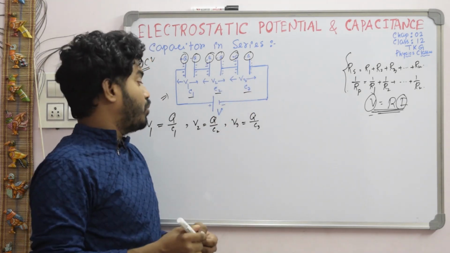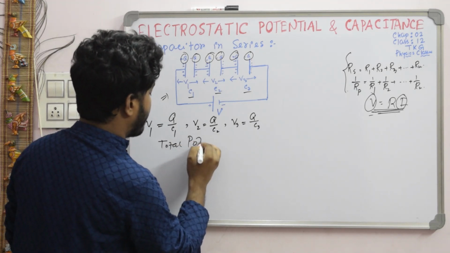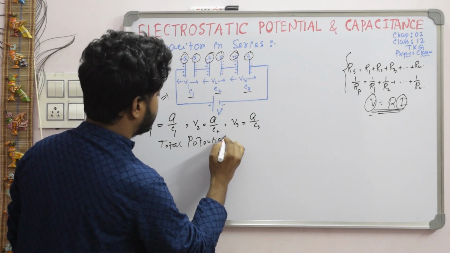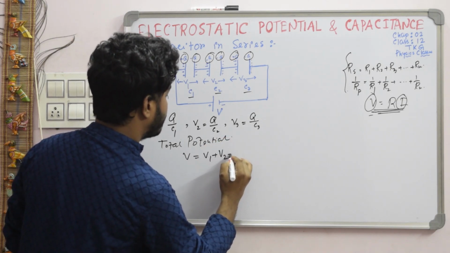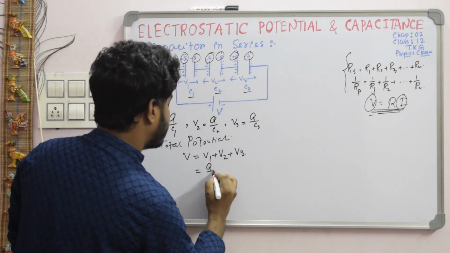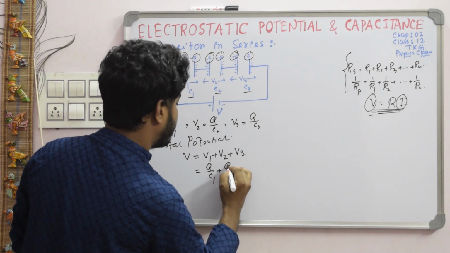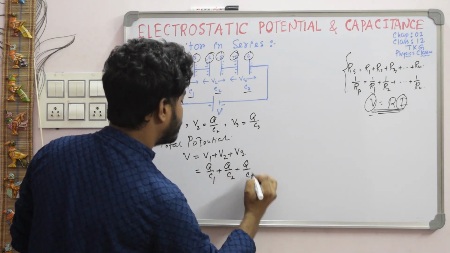So we can say the total potential V is equal to V1 plus V2 plus V3. Now putting the values, Q by C1 plus Q by C2 plus Q by C3.